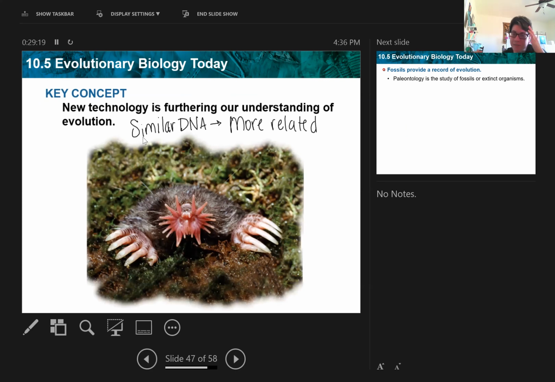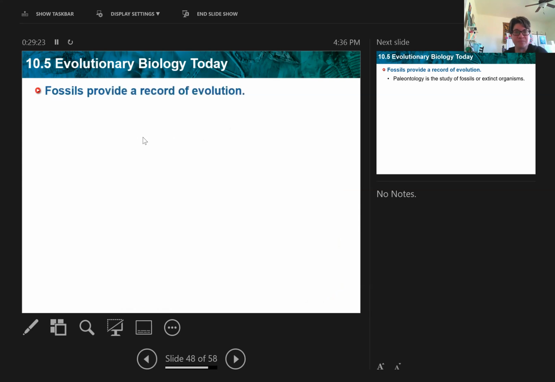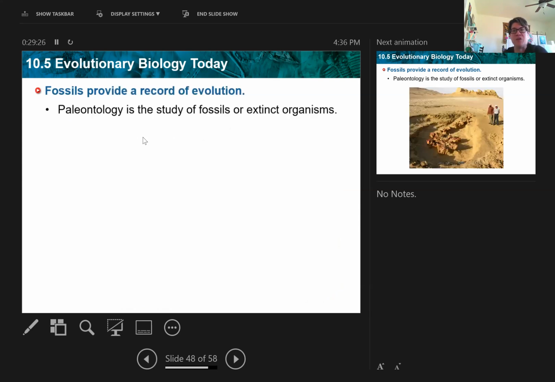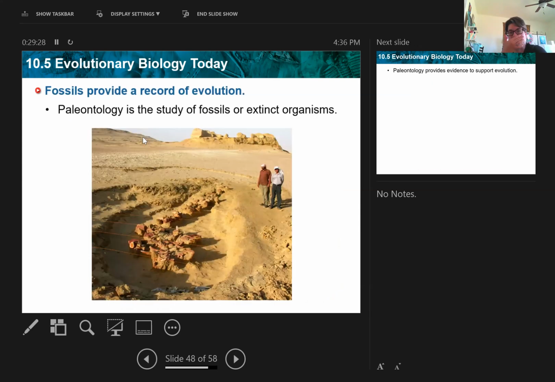For COVID-19, it has RNA, so we're looking at its RNA. Okay. So one current thing that we're looking at is paleontology, and this is a big whale, I think. That's one picture that they're showing in your book, and how we can look at how that's similar to extant or living organisms too.